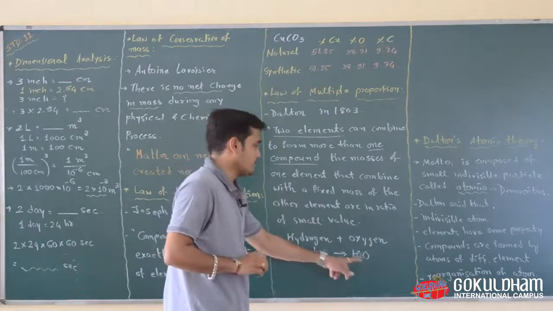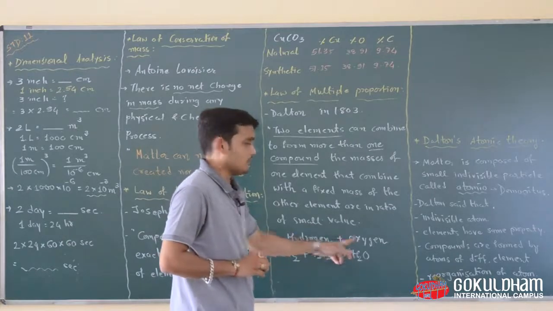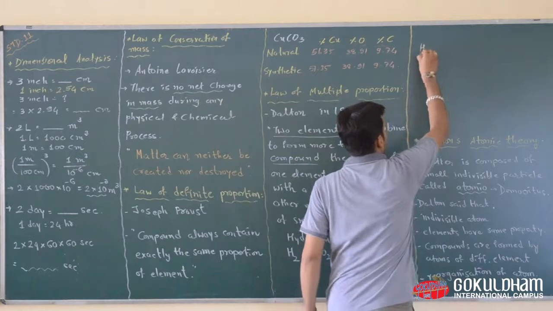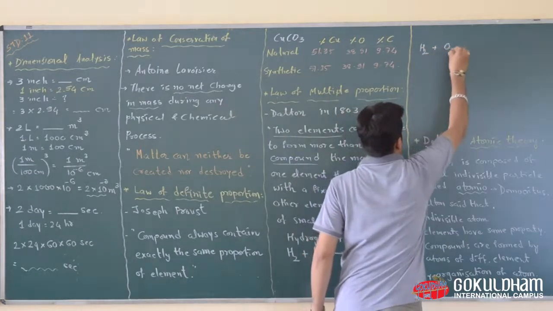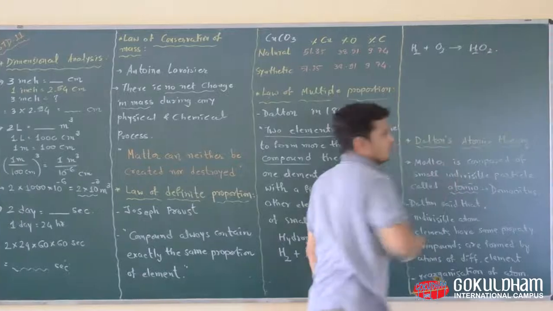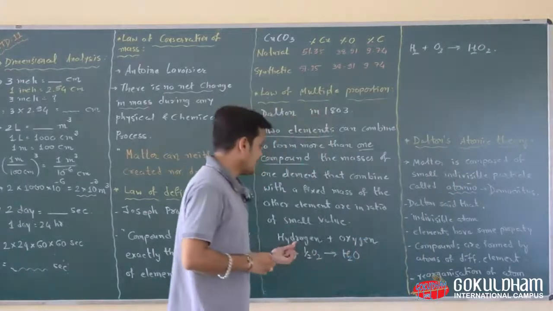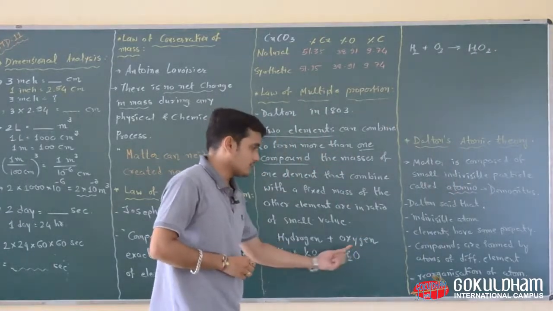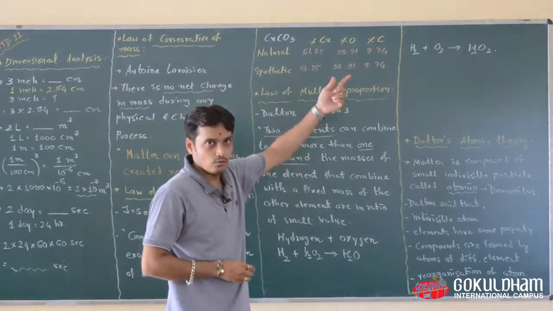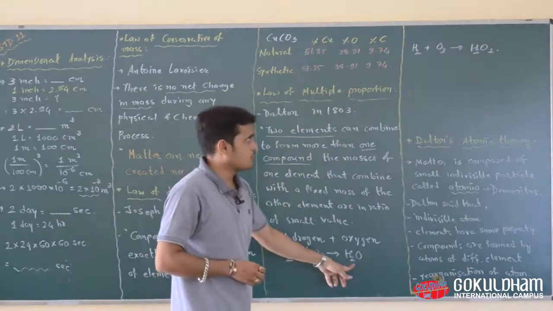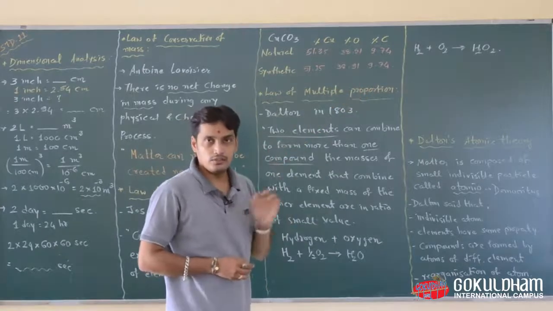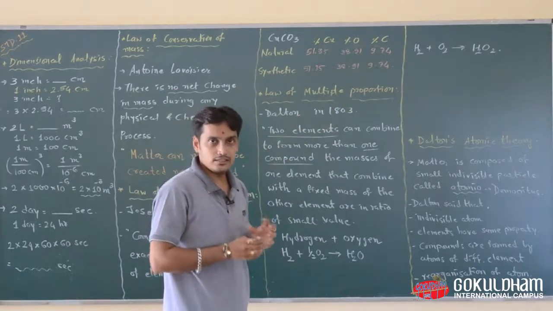This one compound is formed by hydrogen and oxygen. More than one means another case: H2 plus O2 will give H2O2. This hydrogen and oxygen can make H2O as well as H2O2. H2O means water and H2O2 means hydrogen peroxide, which is used as a disinfectant.